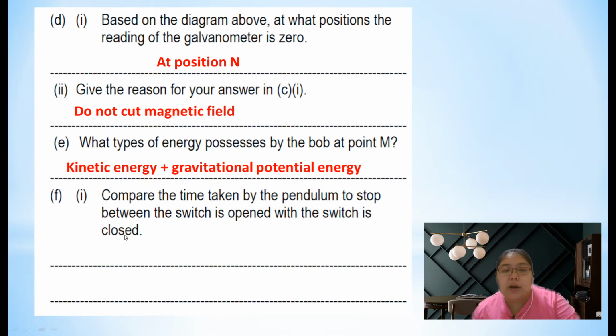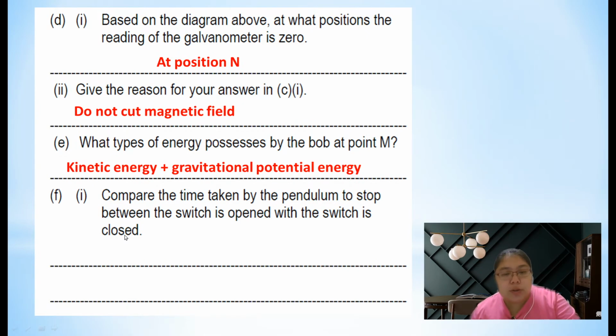Now they want you to compare the two situations. First situation is the bob oscillates, then stops. Another one is you switch on, then you switch off. Then what happened to the time taken? So from here you think about which one will take longer to stop. You use your hand to swing the bob, then let it stop. Another one is you switch on, then you switch off.